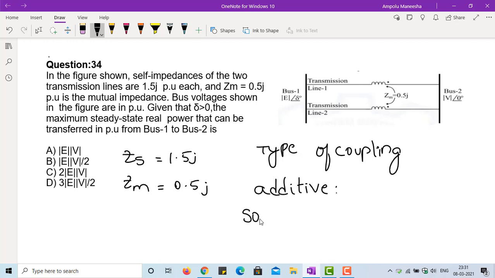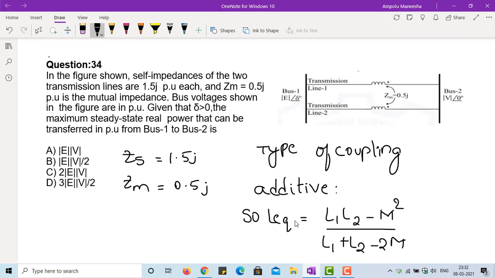So, L equivalent as we have discussed earlier, that is L1 L2 minus M square divided by L1 plus L2 minus 2M. But these are the inductance values, right? We need to convert this expression to impedances.